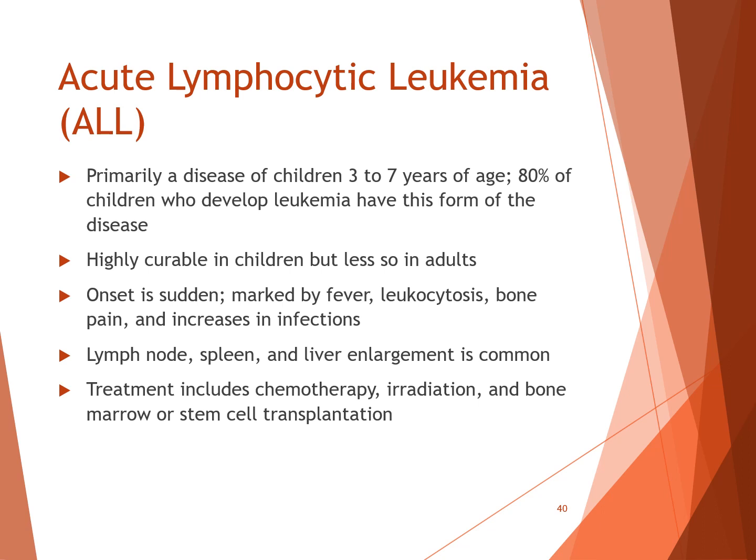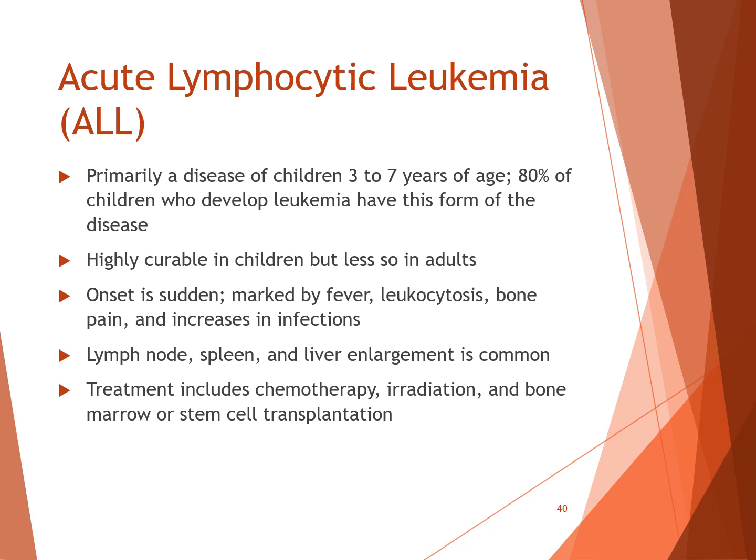Next, we're going to talk about acute lymphocytic leukemia. Remember the difference between acute and chronic. That might help you on an exam if you are asked about one of these different types of leukemias. Remember, chronic typically takes a long time, and acute comes on quickly and suddenly, and that is definitely the case with acute lymphocytic leukemia.